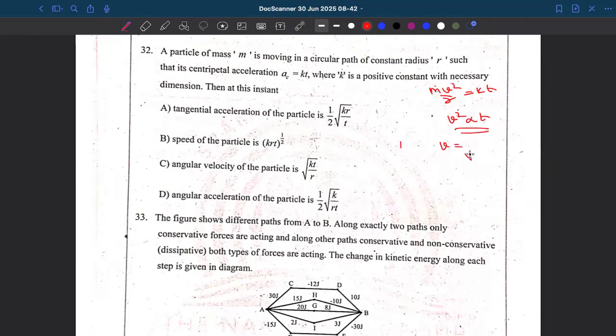V is equal to under root RK by M into T. You want dV by dt. This RK by M remains the same.